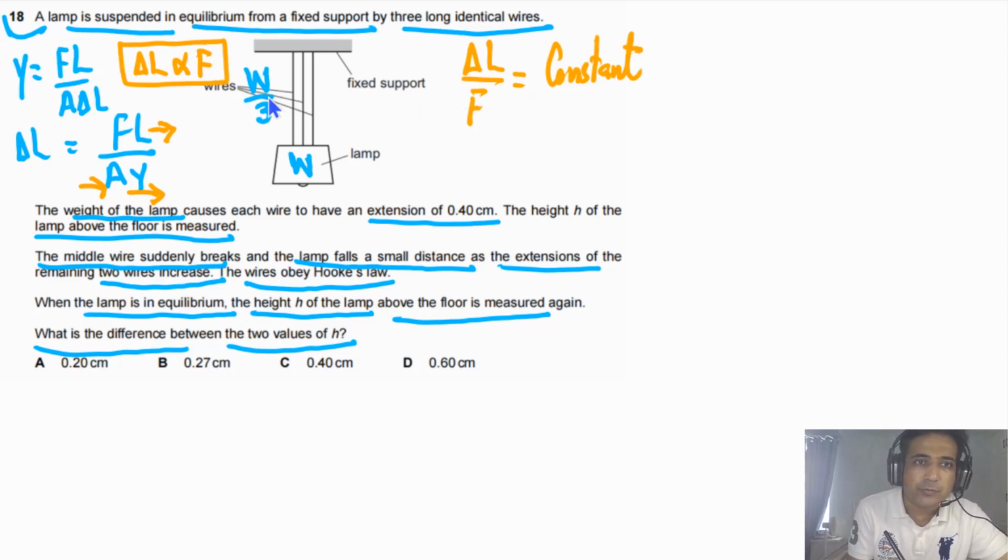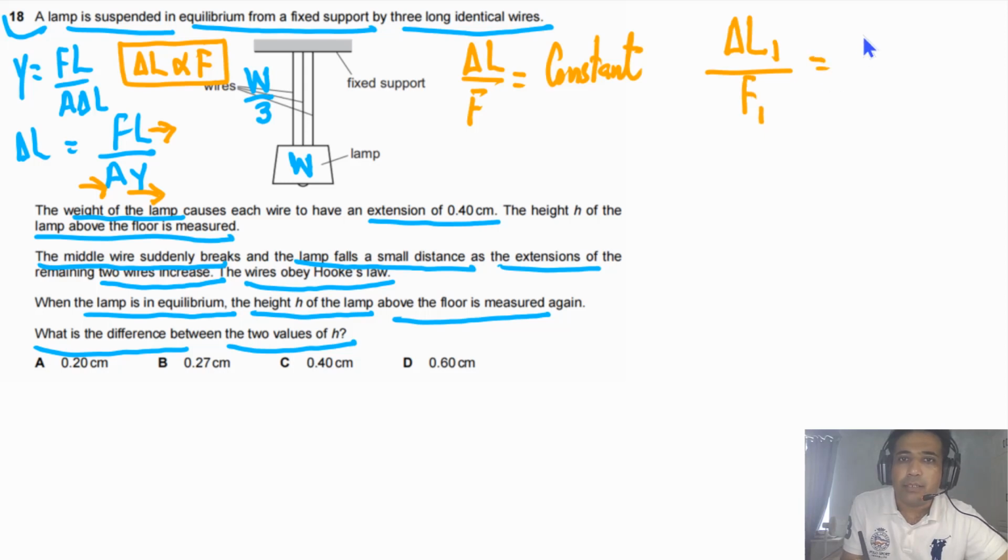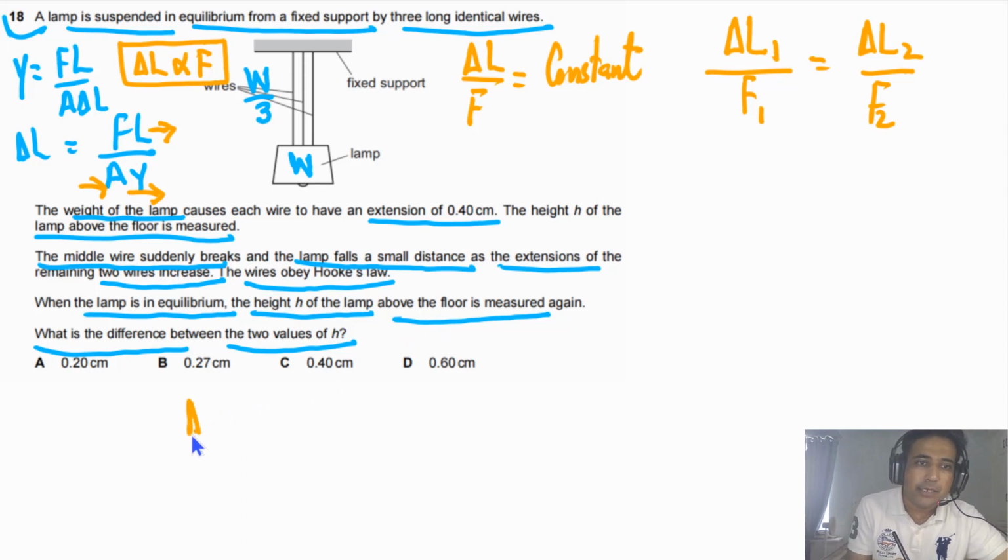In this case, first of all, F is equal to W by 3, so we need to find the new value of F. We can write this as delta L1 over F1 equals delta L2 over F2. For this question, we need to find the difference, delta H, and delta H will be equal to delta L2 minus delta L1, the difference between these two.